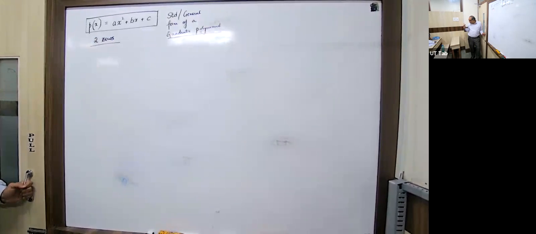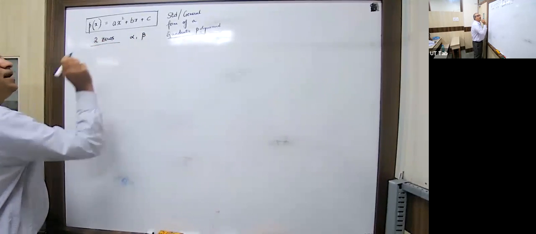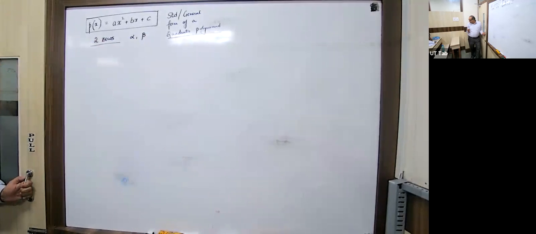Quadratic means it will have two zeros. Generally, we denote these zeros as alpha and beta. Okay.